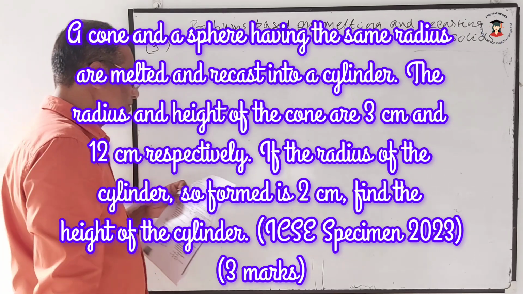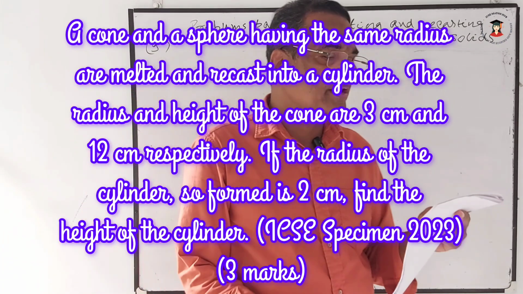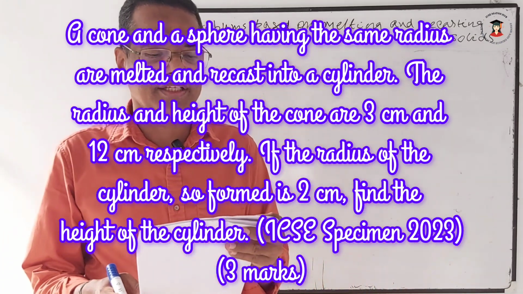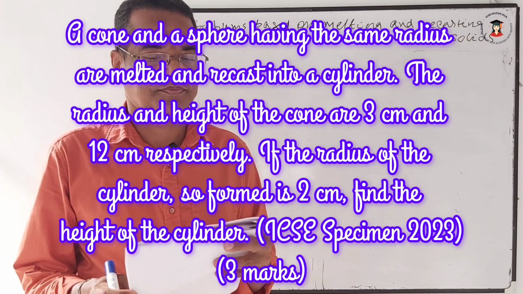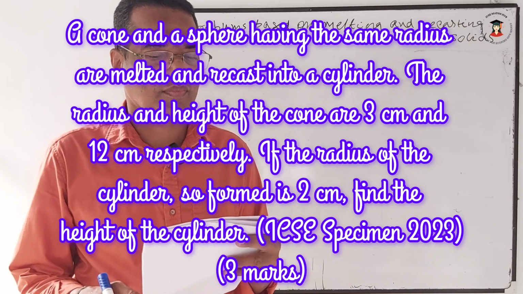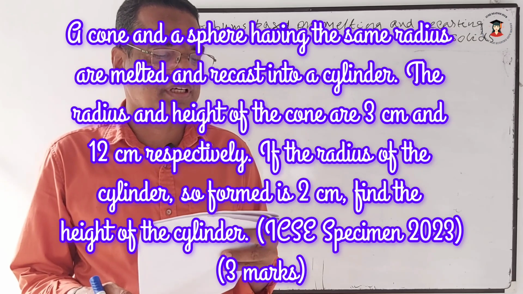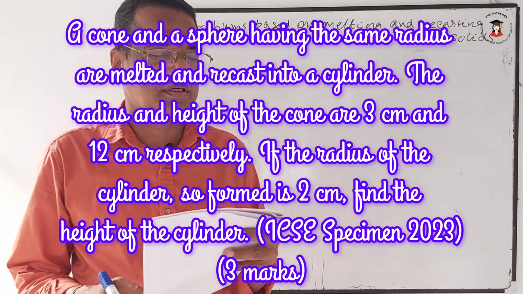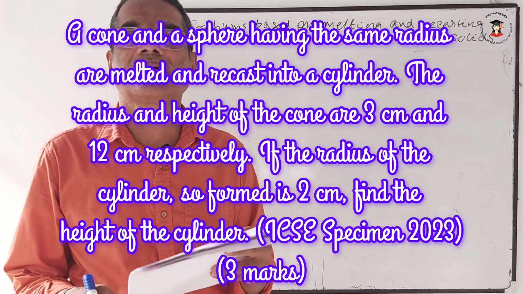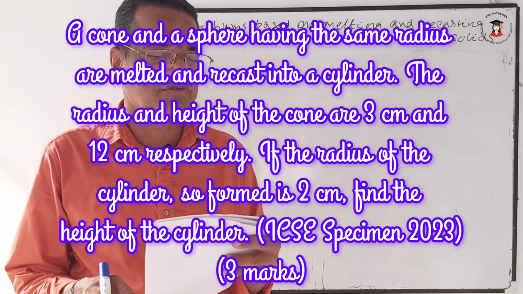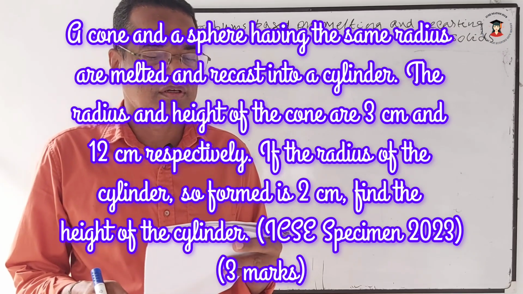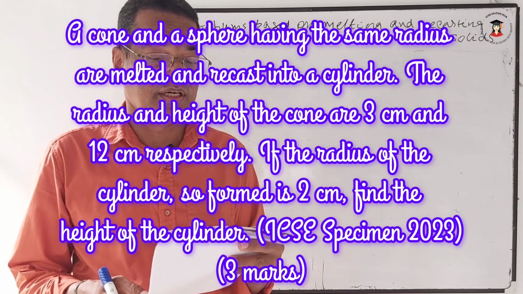Question number 9 is, a cone and a sphere having the same radius are melted and recast into a cylinder. The radius and height of the cone are 3 cm and 12 cm respectively. If the radius of the cylinder so formed is 2 cm, find the height of the cylinder.